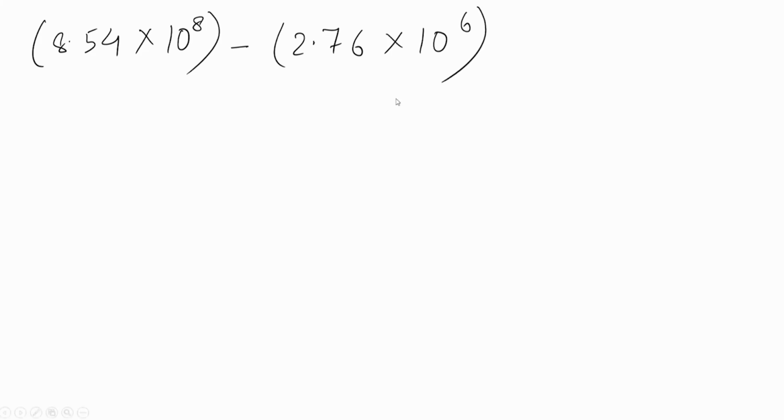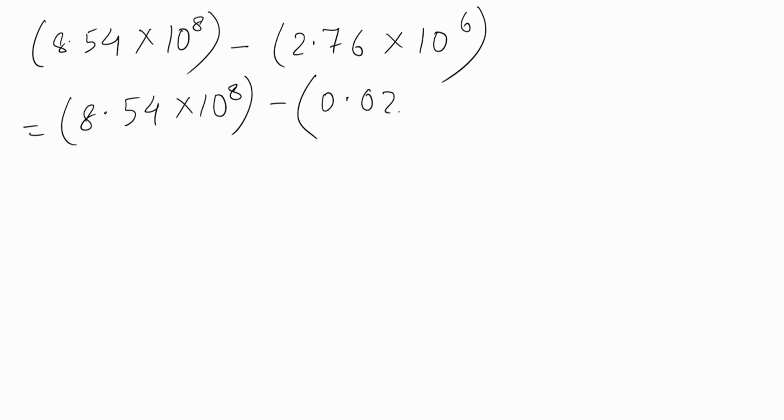Okay. Now let's see another example. So let's say we have 8.54 into 10 to the power 8 minus 2.76 into 10 to the power 6. So we can write 8.54 into 10 to the power 8 minus 0.0276 into 10 to the power 8.